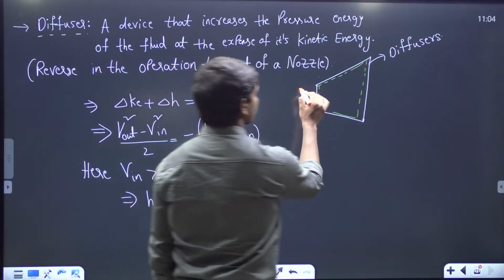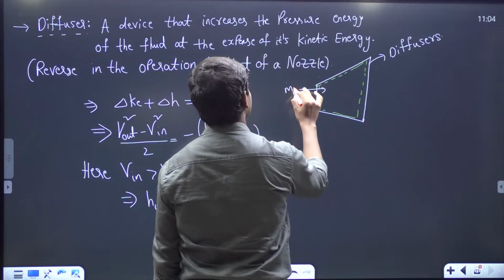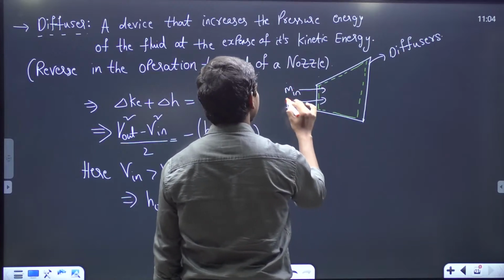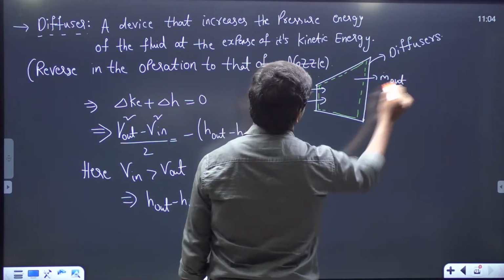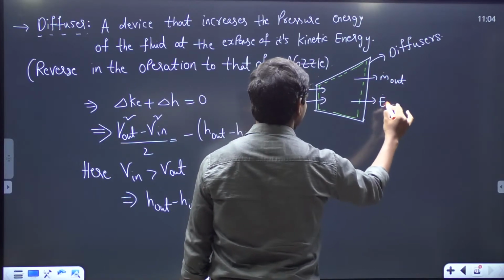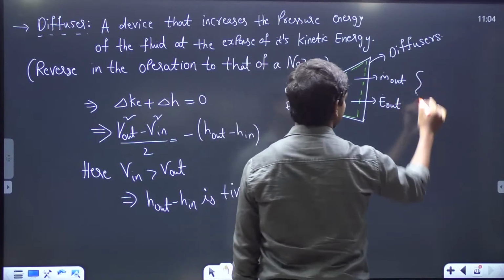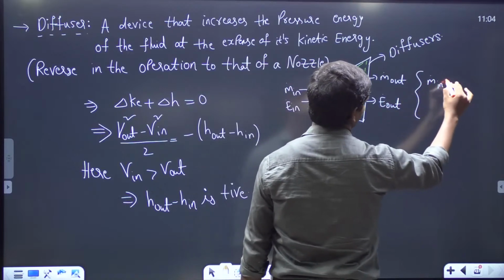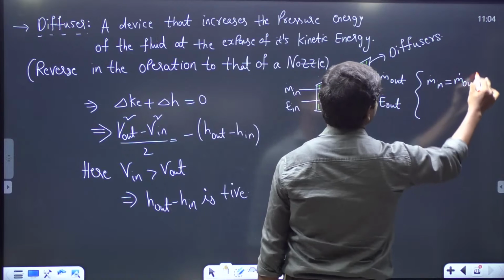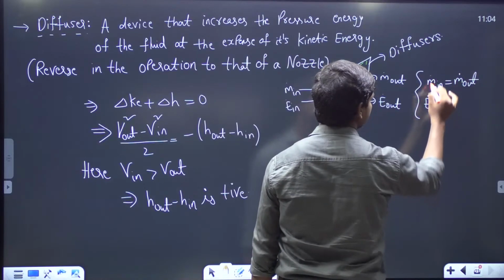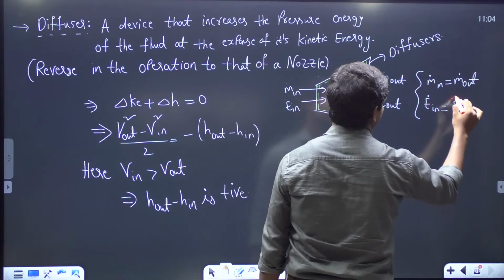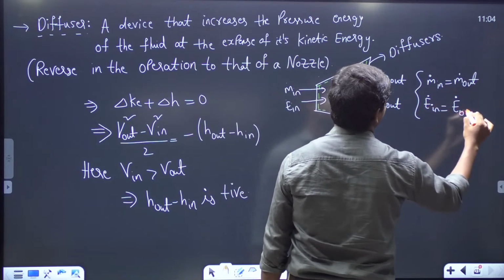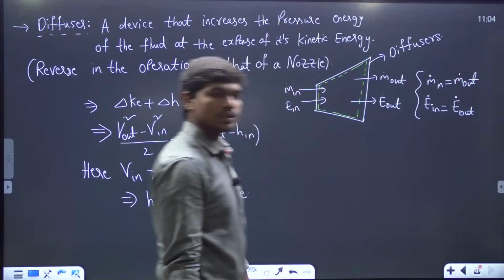If there is some mass flow rate going in and energy flow rate going in, you will get some mass out, which is the same as this, and energy out. Of course, if this is operating in steady state, m dot in should be equal to m dot out, and energy dot in should be equal to energy dot out. Okay, so this is the case.